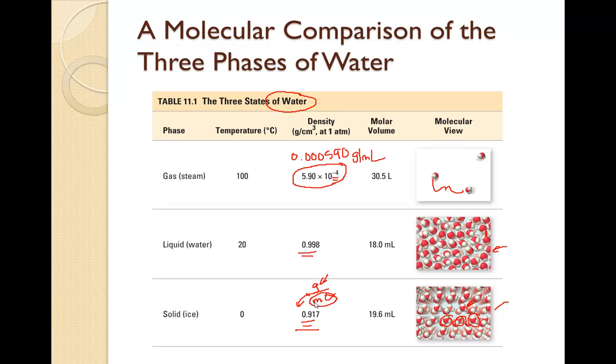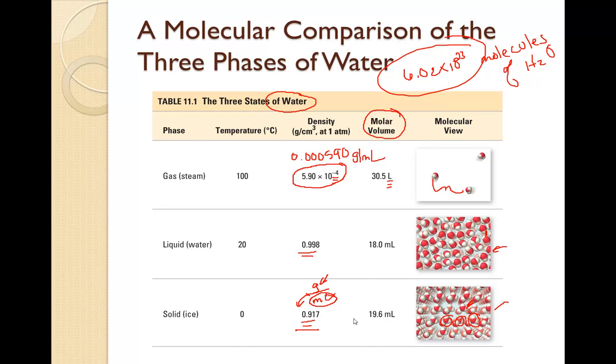We can look at a similar view of the molar volume. This is the volume it takes to have 6.02 times 10 to the 23rd molecules of water. It takes 30.5 liters to hold this many molecules of water, whereas it only takes 18 milliliters to hold this amount of molecules.